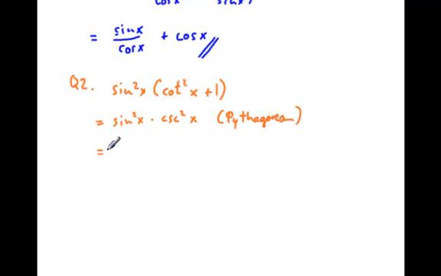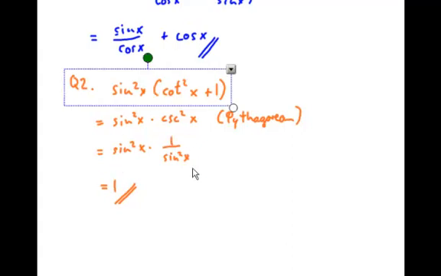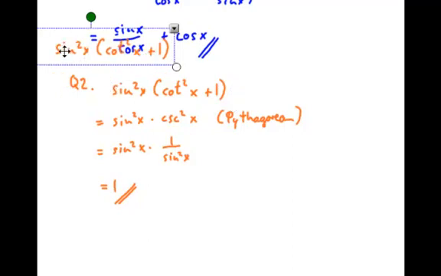And of course the cosecant is the reciprocal of the sine, so sine squared x times 1 over sine squared x, and that of course is 1 because the sine squared divides, and that one is one of the possible answers.